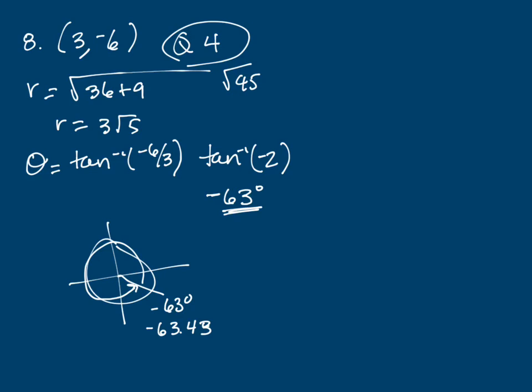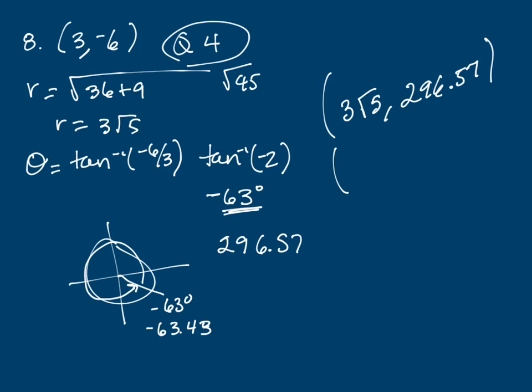That gives me 296.57. So the first one is 3 square root of 5, 296.57. And then if I back up to negative 3 square root of 5, I'm going to be over here.